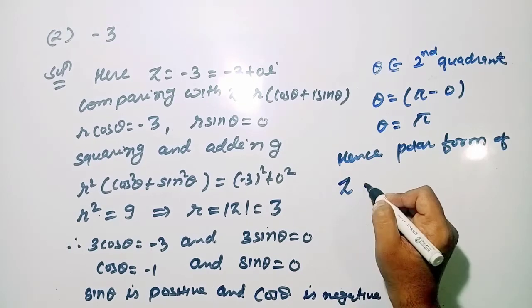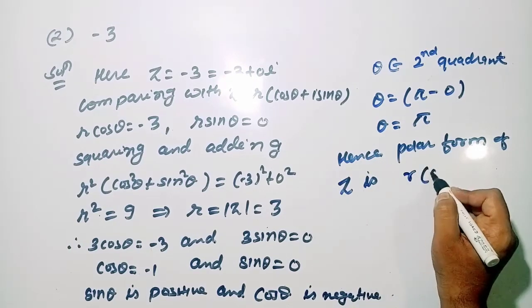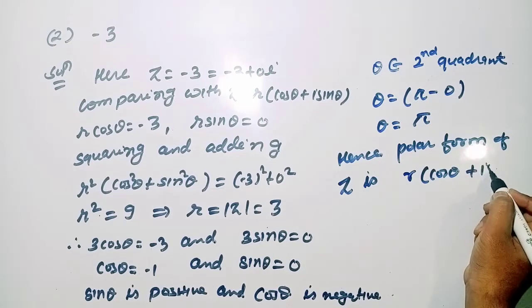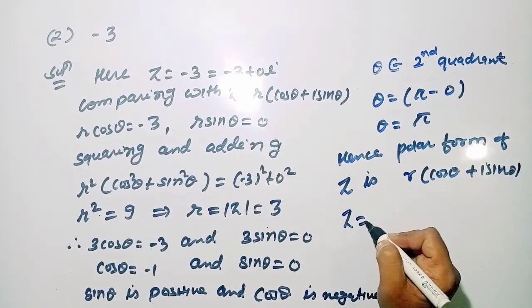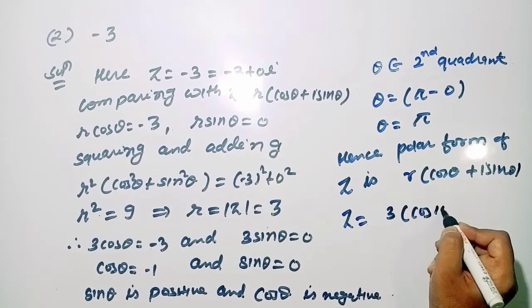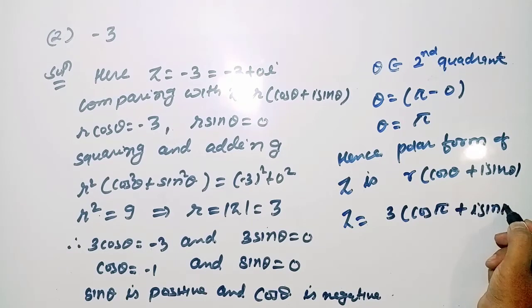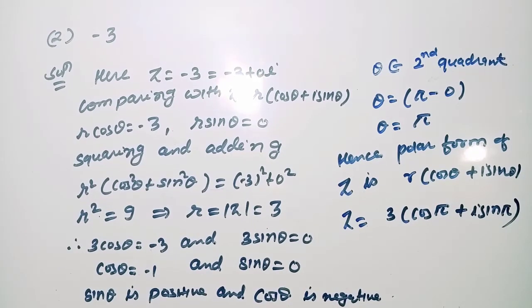So the polar form will be z is r (cos theta plus iota sin theta). So z is equal to 3 (cos pi plus iota sin pi). Okay, understood?